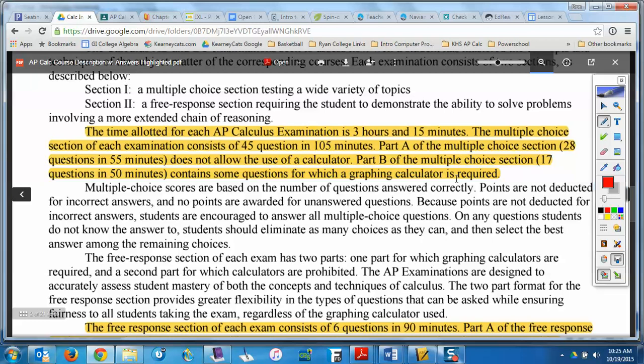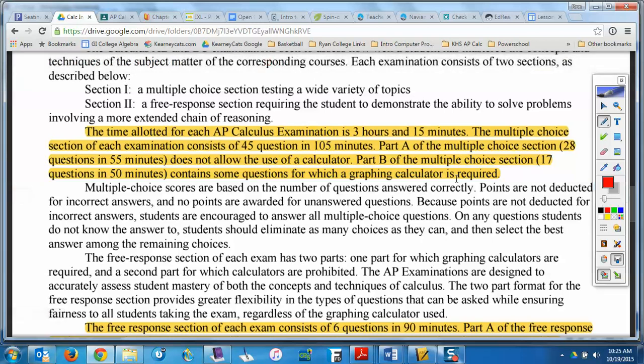But notice it says it contains some questions for which a graphing calculator is required. Same thing on our test. When we do a quiz, part will be no calculator, part will be calculator. The calculator part doesn't mean you need the calculator. It just means if you need it, you can use it. So quite often there are problems on there that the calculator will be of no help and you won't use it. Okay? It just means if you do need it, you can use it.